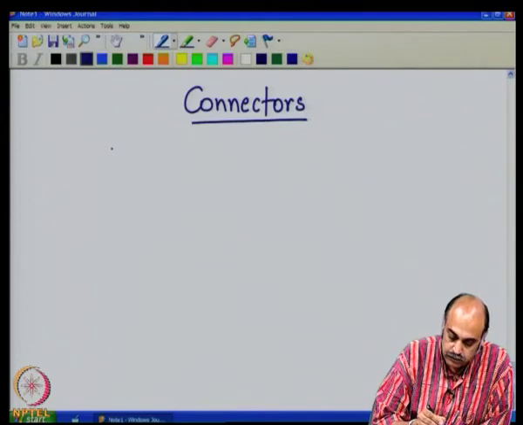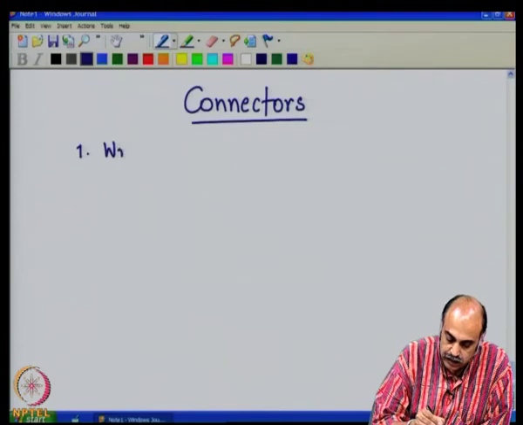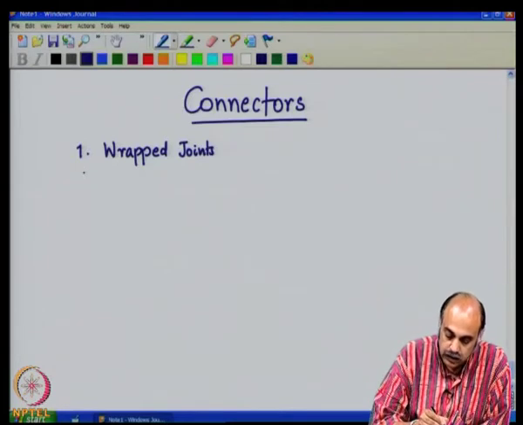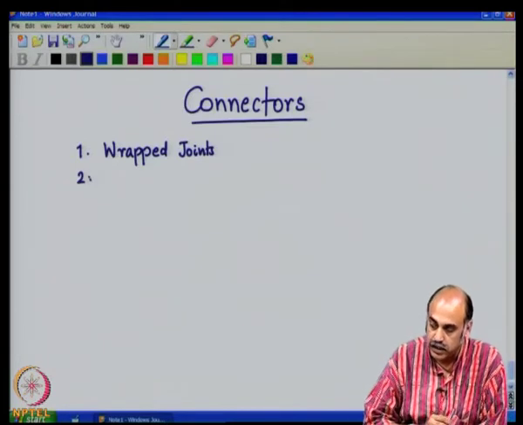If you put them on a list, you would have the wrapped joints, which is supposed to be the most reliable, reliability wise.